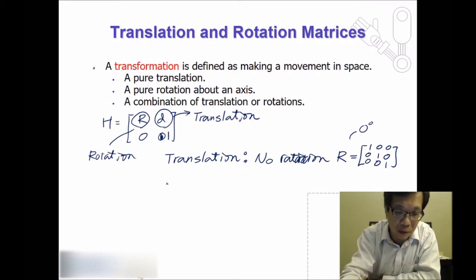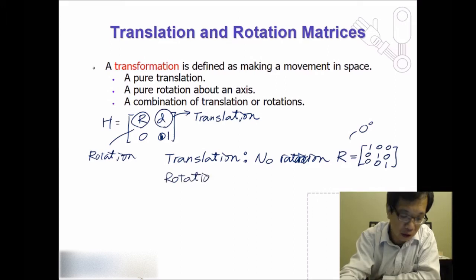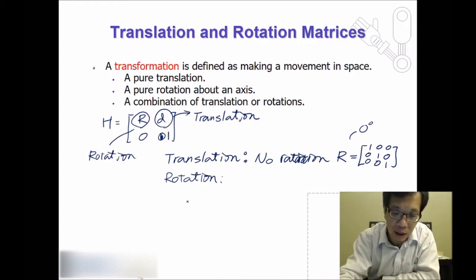If we are talking about pure rotation, it means that my D is going to be 0, 0, 0.